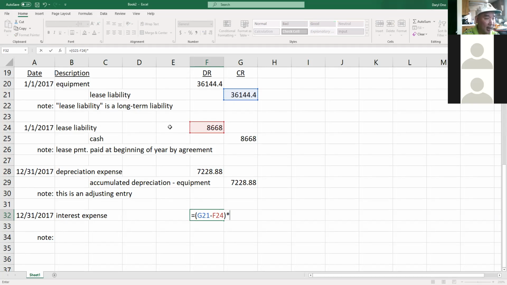And then times, remember we had to use the 10% when we did the present value problem? So this is times 10%. The equipment cost minus one lease payment gives us 4 years of lease payments that we still have to do. We take 10% of that remaining 4 years.